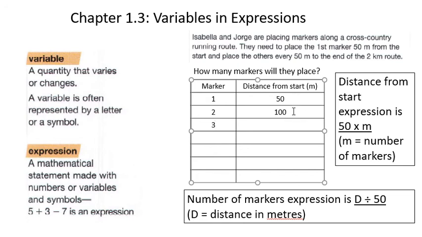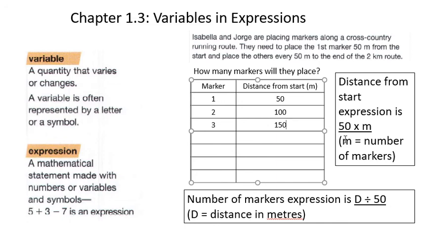So 50 plus 50 is 100, 100 plus 50 is 150 meters, and we can continue using a recursive until we get all the way to 2 kilometers, which is 2,000 meters. 1 kilometer is 1,000 meters, so 2 kilometers would be 2,000 meters. And this will work. If we continue with that all the way down, we will eventually get to 2,000 meters.